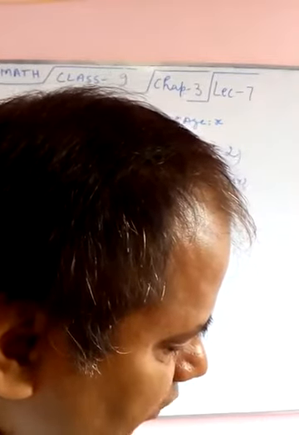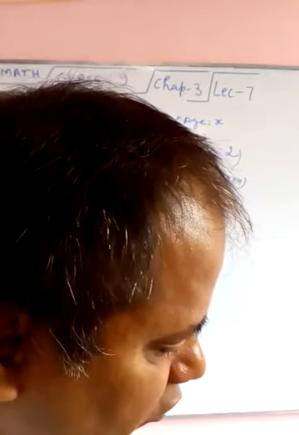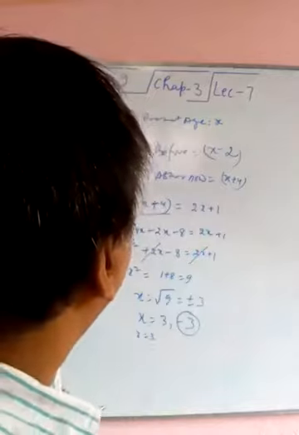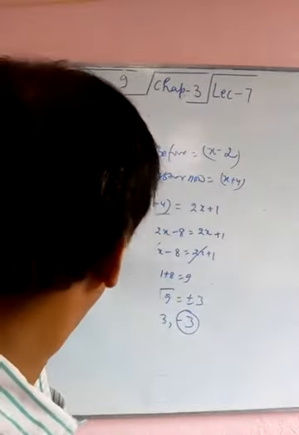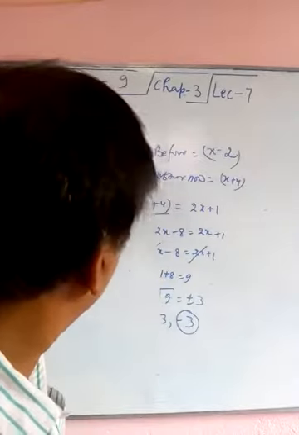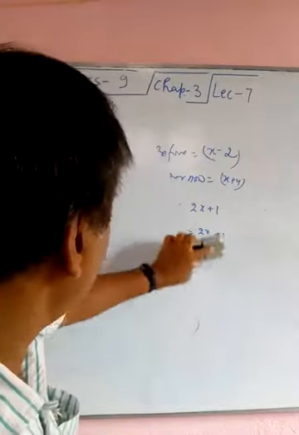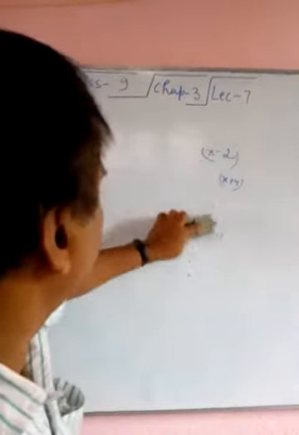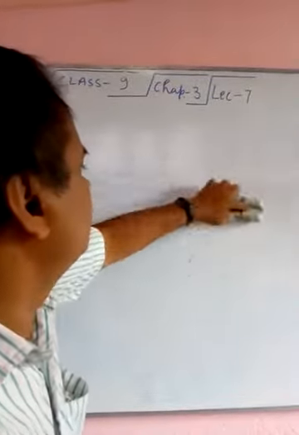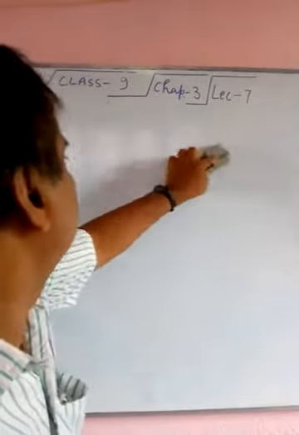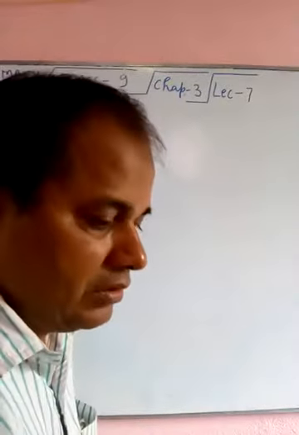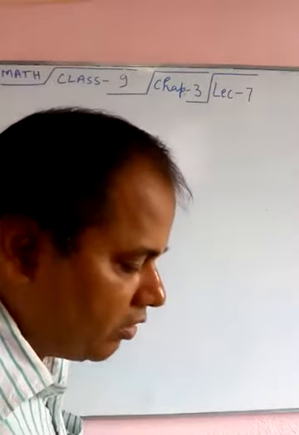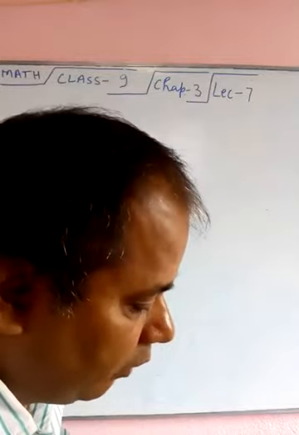Use the scale 1 centimeter is equal to 1 unit on the axis. So plot the following ordered pairs (x, y).